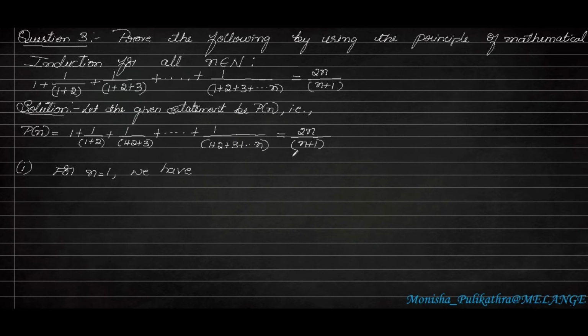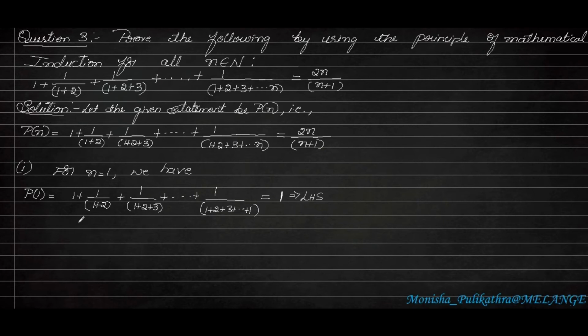So P of 1 is equal to 1 plus 1 by 1 plus 2 plus 1 by 1 plus 2 plus 3 plus etc. plus 1 by 1 plus 2 plus 3 plus etc. up to 1. So this will be equal to 1 itself, because if we calculate the whole equation, it will become equal to 1. So this is LHS.